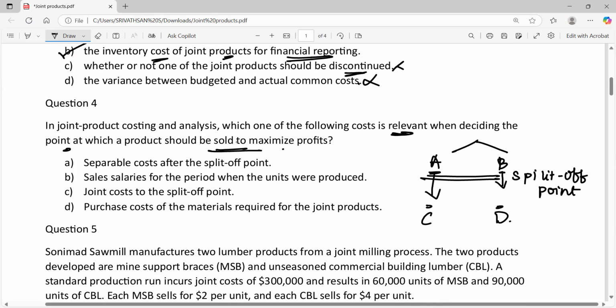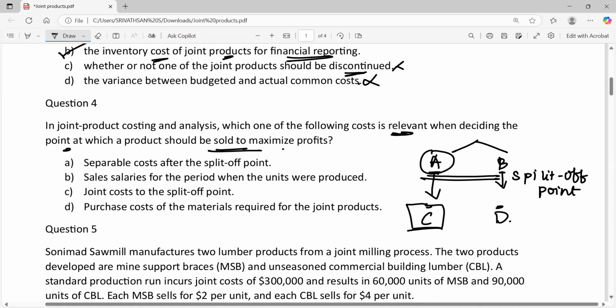Sometimes the products may not have a market or demand at the split off point. For example, let's say the customers are not ready to buy product A because there is no demand for product A at the split off point. In those cases, we have to process it further into a new product, right?